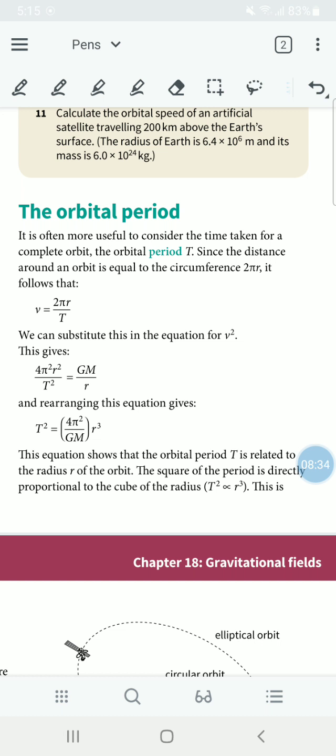Next line, time for one orbit, capital T, then v equals, that is orbital speed, equals 2 pi r upon T.